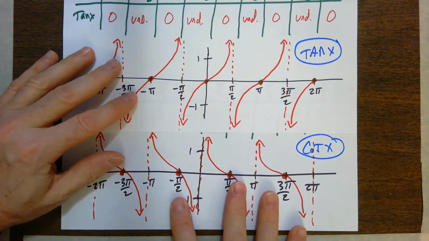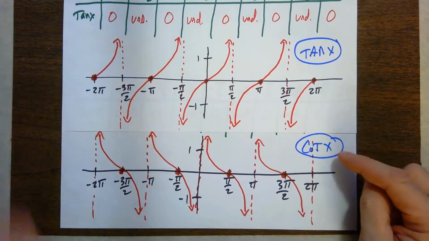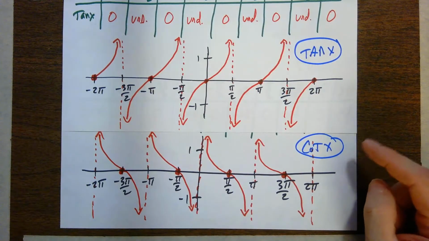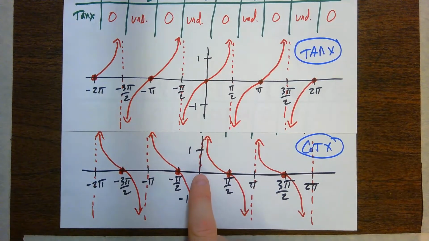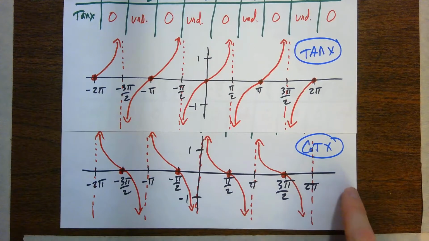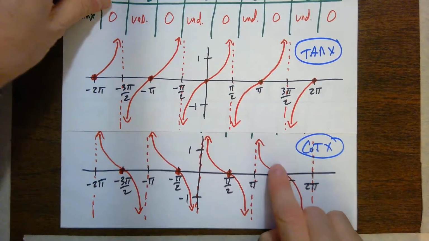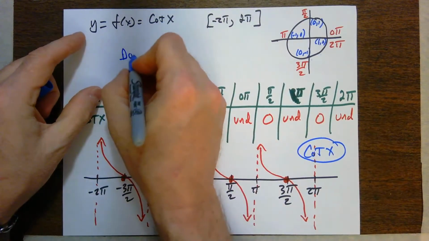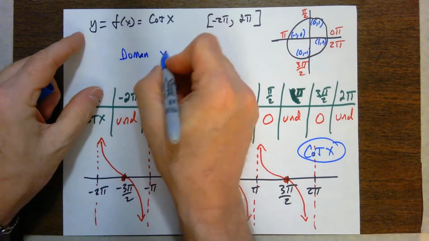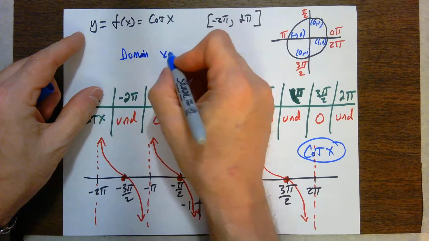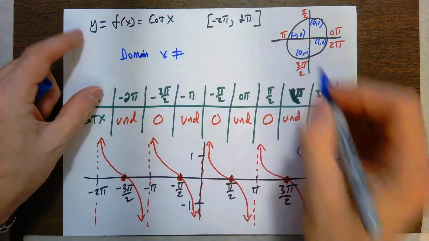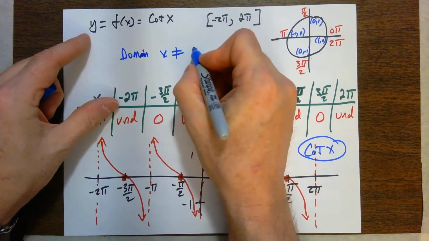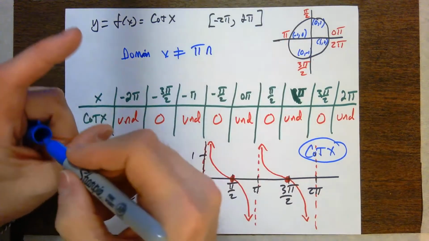The domain, again, is restricted for cotangent. I can't have 0 pi or 2 pi or 3 pi. So let's write down the domain restriction here. The domain: x's cannot equal pi times n.